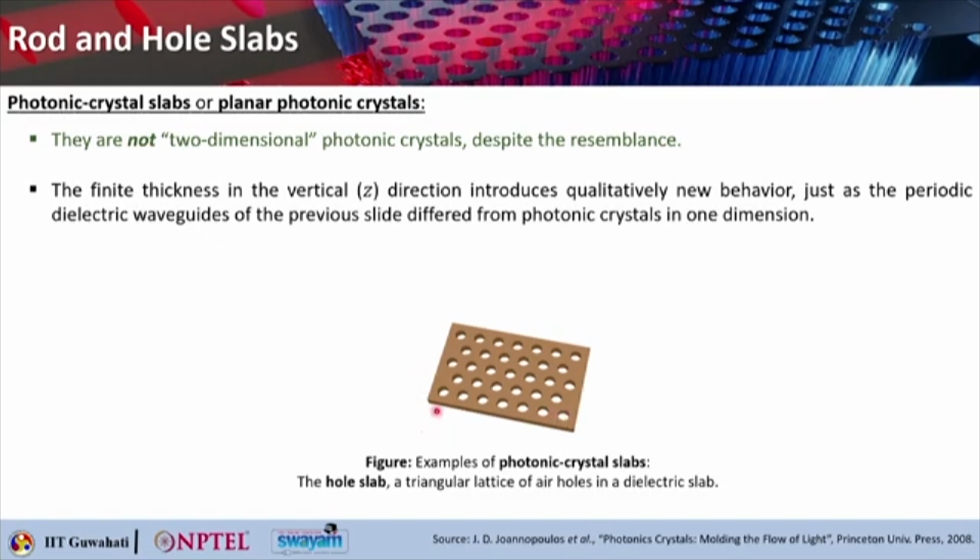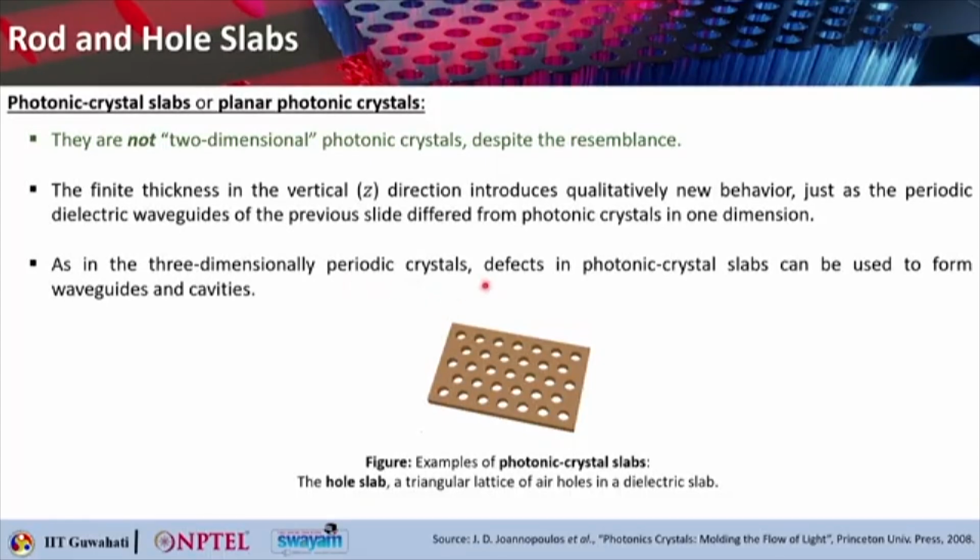Because of this finite thickness in the vertical or z direction, if you consider the thickness axis to be z, that introduces a qualitatively new behavior. This is very similar to the case where we discussed the periodic dielectric waveguides. They also differ from 1-dimensional photonic crystals because of their finite height or thickness.